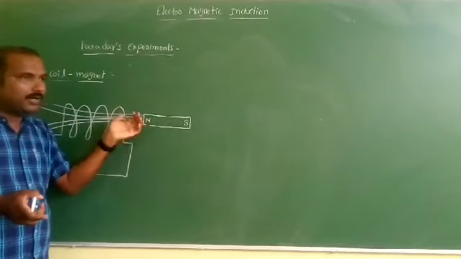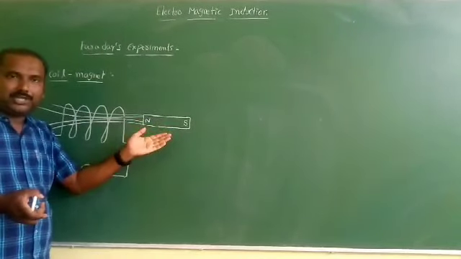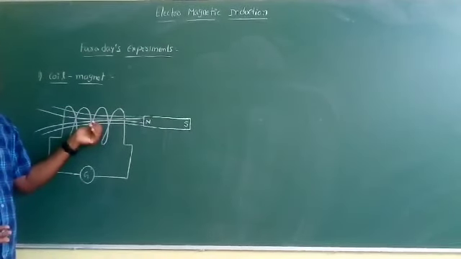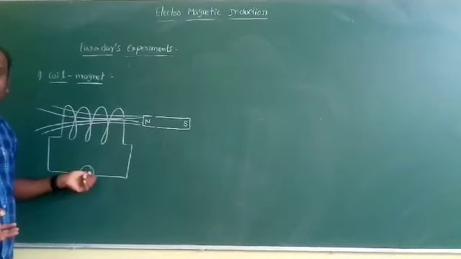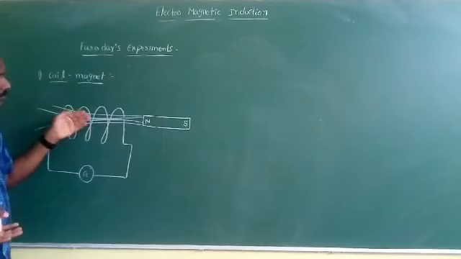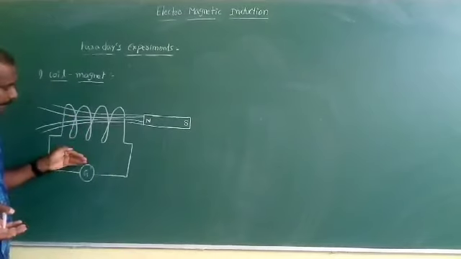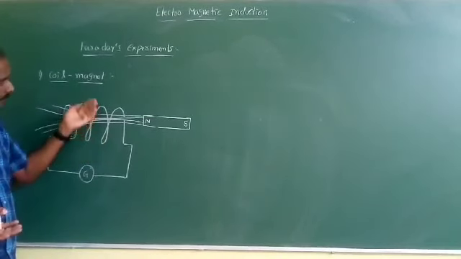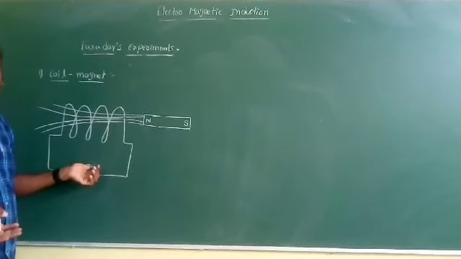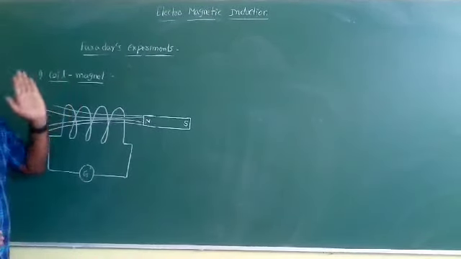If the magnet is moving towards or away, magnetic flux is changing, and that creates induced EMF in the coil, and induced current is produced in the coil, and that is measured by using the galvanometer. In the same way, if the coil is moving towards the bar magnet, or moving away from the bar magnet, again flux is changing and induced EMF is produced, and finally that induced current you can measure by using the galvanometer. So this is all about the coil magnet experiment.